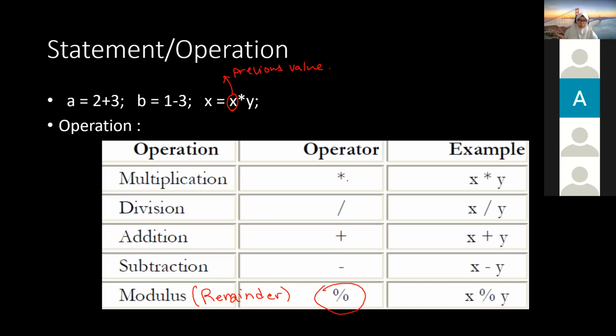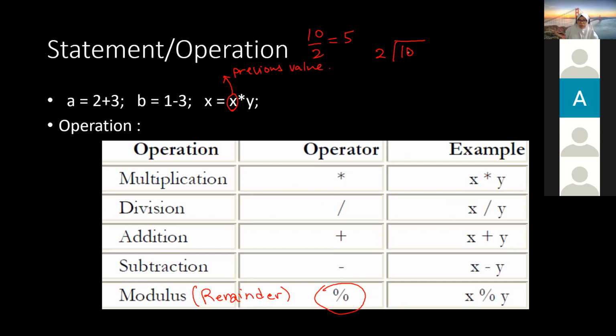This one is easy, multiplication, X times Y, and addition. Let's say I have 10 divided by 2. The value is 5.